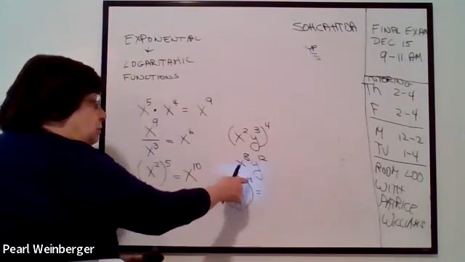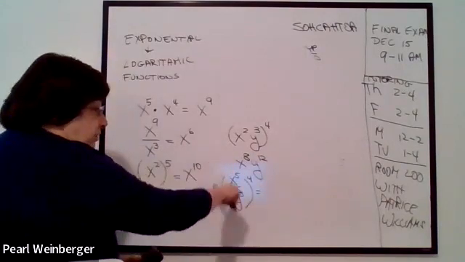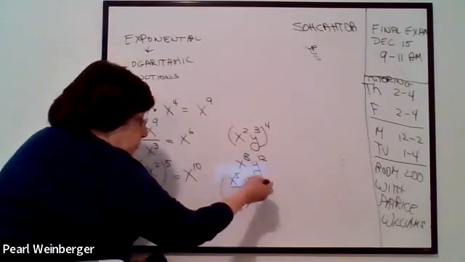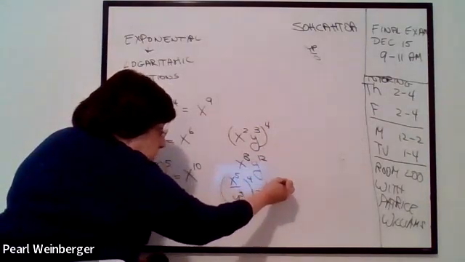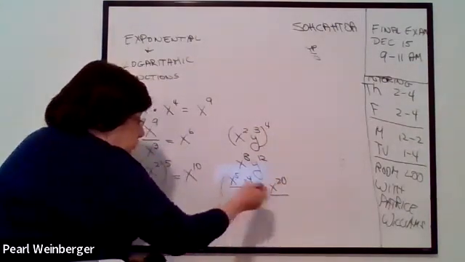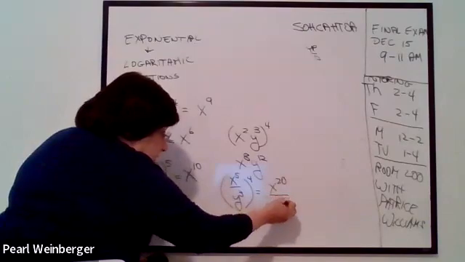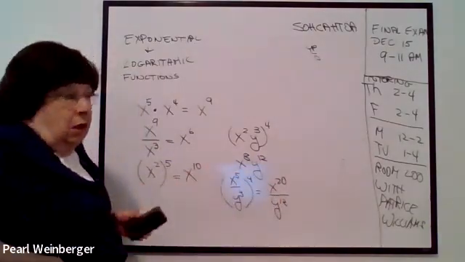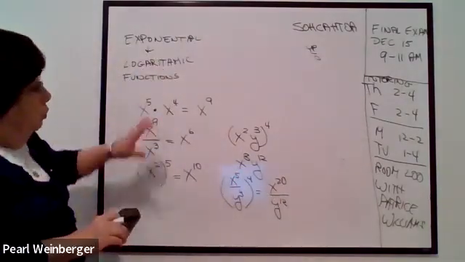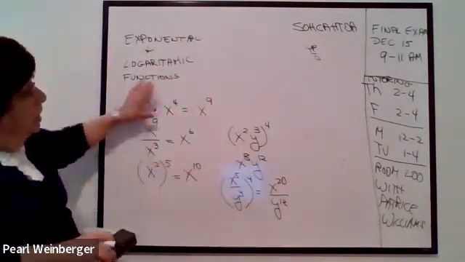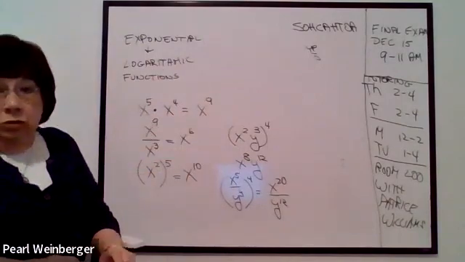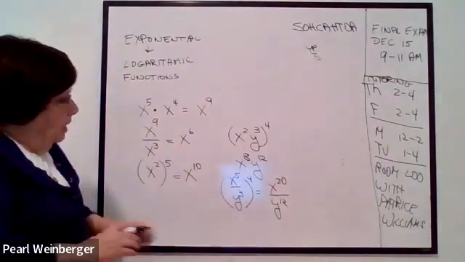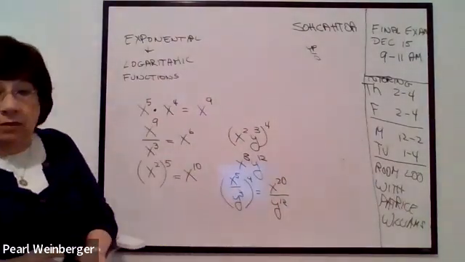Again, you're going to distribute, if there are parentheses around the whole thing, you're going to do the x to the 5th to the 4th, which will give you x to the 20th, and this will give you over y to the 12th. Now you can't subtract the exponents here because your bases are different. But those are the basic rules of exponents. And I'm sure you know these rules from prior. If not, these are the basic rules.